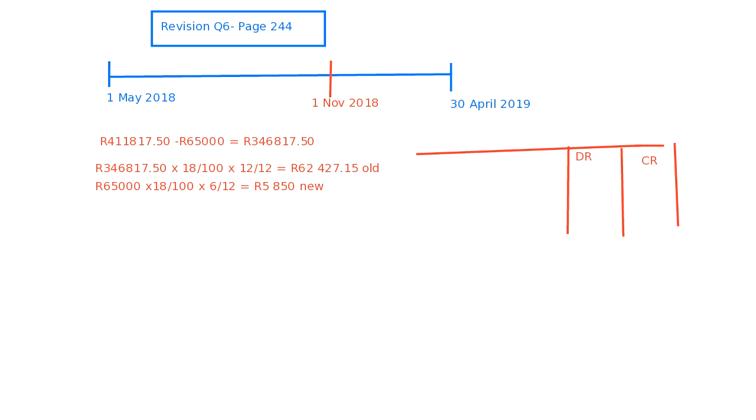Yes, you're going to debit what? Depreciation. How much is the total of the two depreciations, please? You're going to credit accumulated depreciation. You must say 62,424.15 plus 5,850.